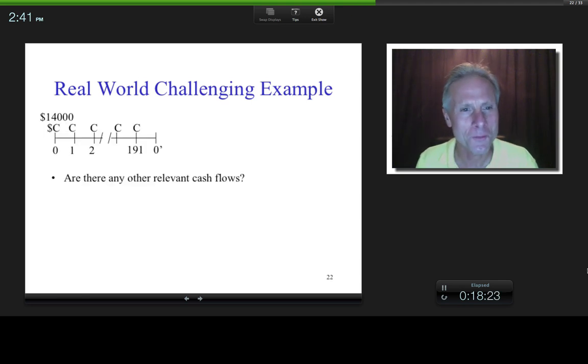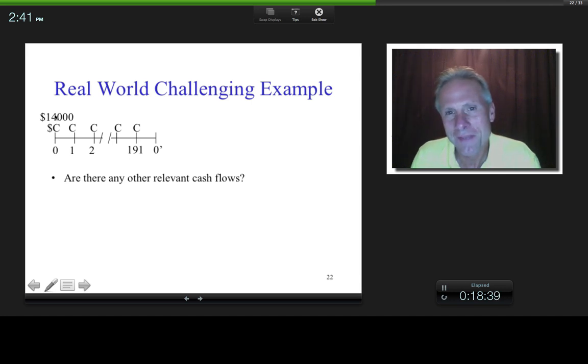So question for you. Are there any other relevant cash flows? We've accounted for all the C's. Is there anything else going on? Well, there's the 14,000, right? Now, is that already at time 0? It is, right? So can I just add that to the formula I had before?